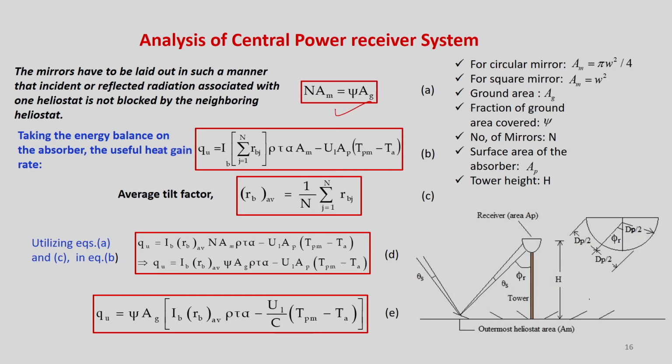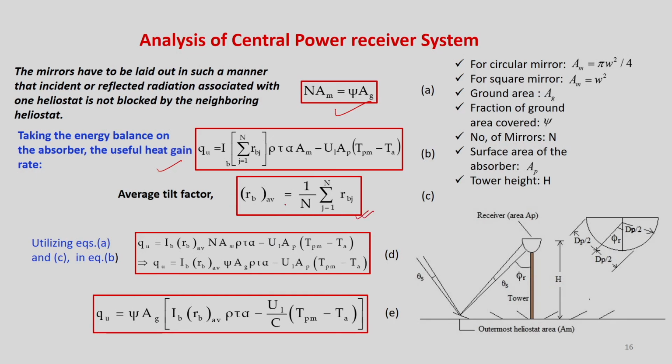Now, if we are interested in developing the energy balance on the absorber, then we need to develop this kind of expression, right. So, we want the useful heat gain Q, which is the amount of energy received by the receiver minus losses, okay. So, this part, the summation of j equal to 1 to N of R_B,j, is nothing but the average tilt factor.